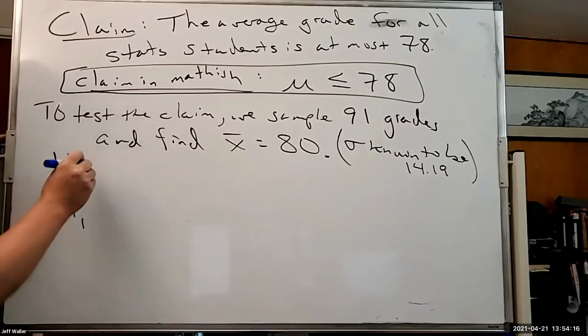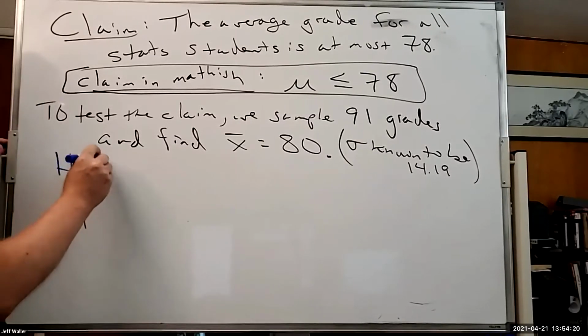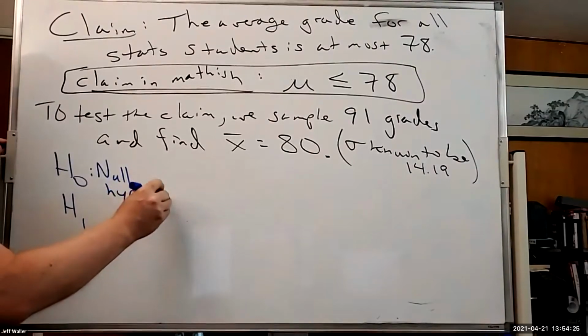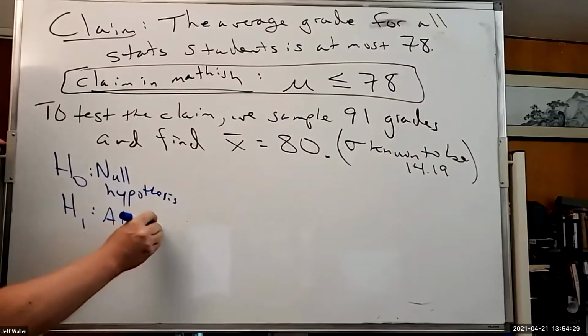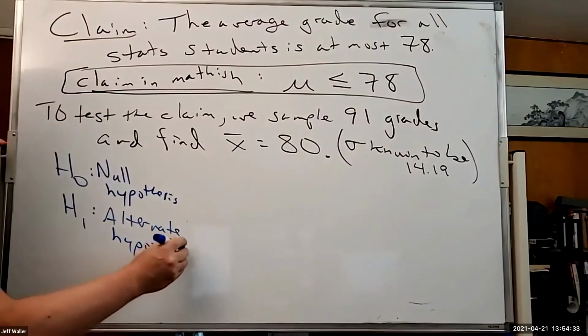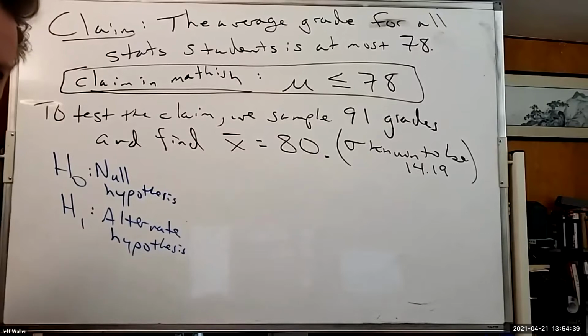I don't know if I put the symbols down yet, but this is the null hypothesis. And this is the alternate hypothesis. I'm pretty sure that's one of the last things we talked about were these two things. These two old men in a coffee shop. They always disagree with each other.